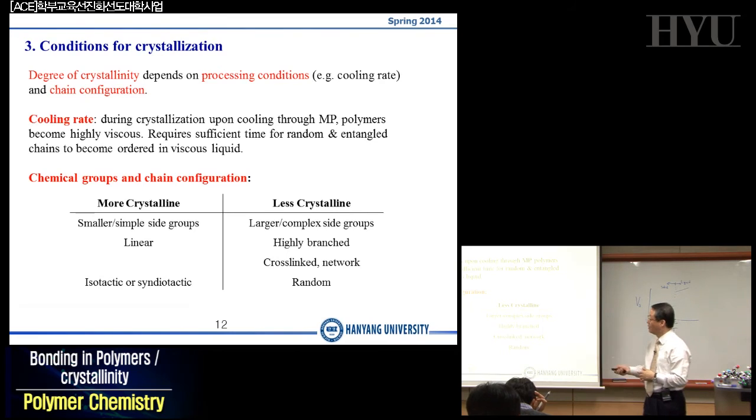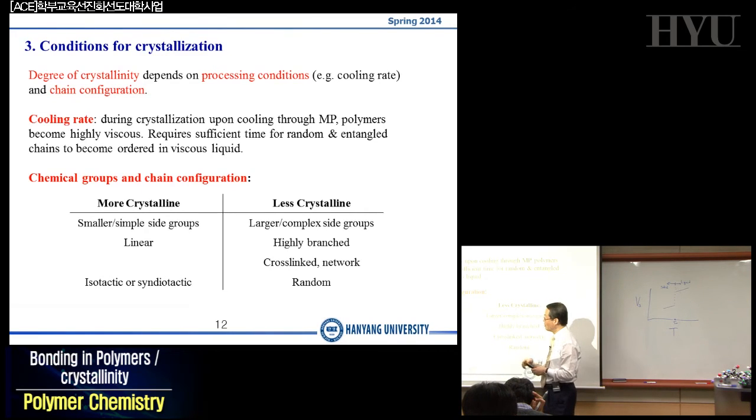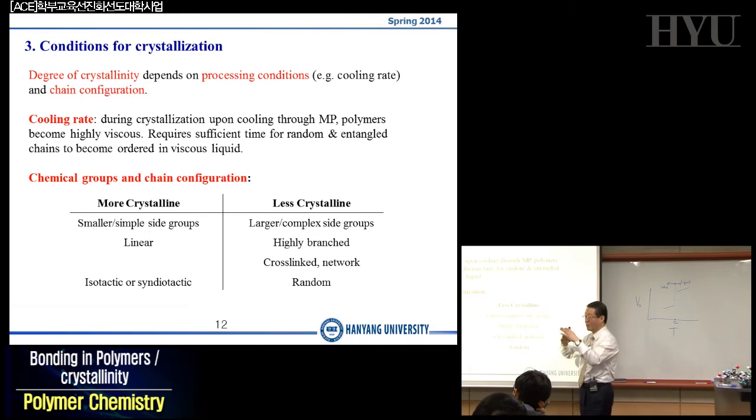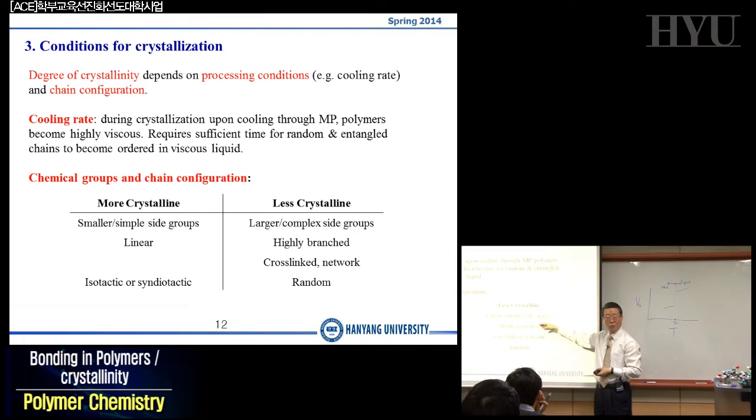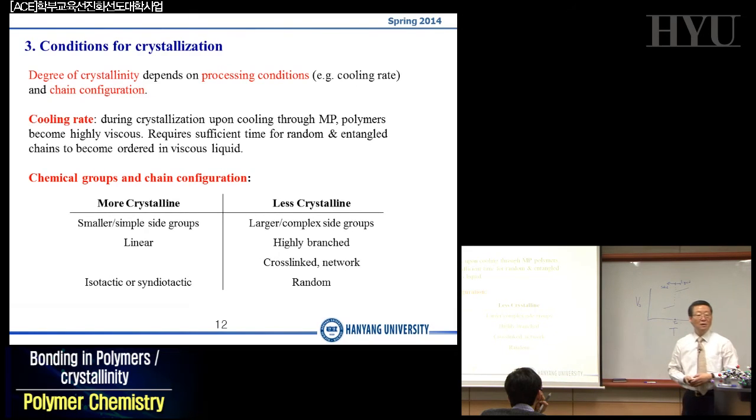If you have a smaller side chain, if you have a linear chain, then your crystallinity will become much higher. Whereas if you have a bigger, longer side chain, if it's not linear, your packing density is smaller, so your crystals are quite less. So there are always several aspects affecting your degree of crystallinity.